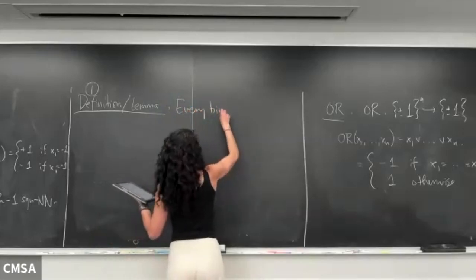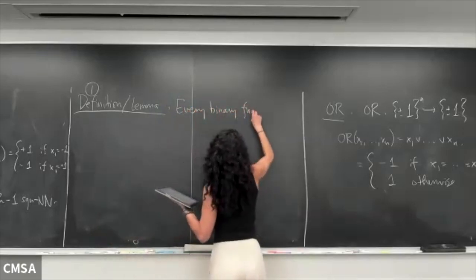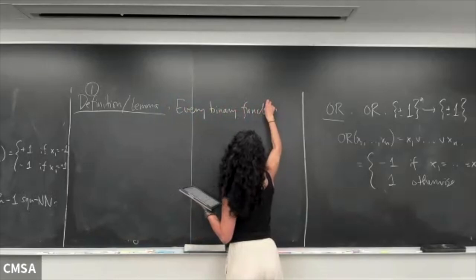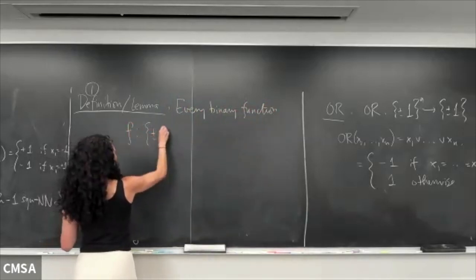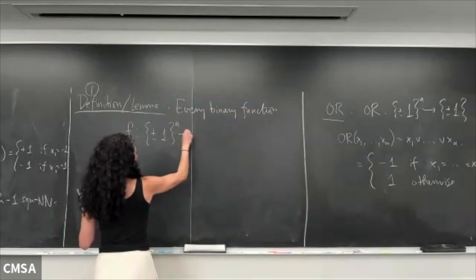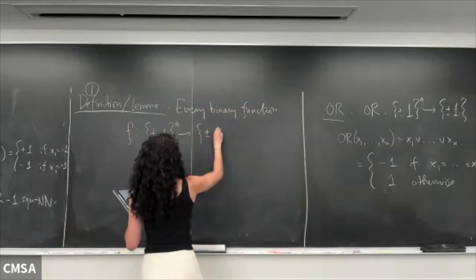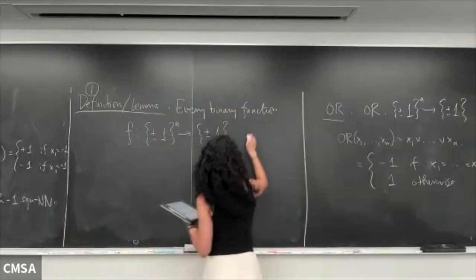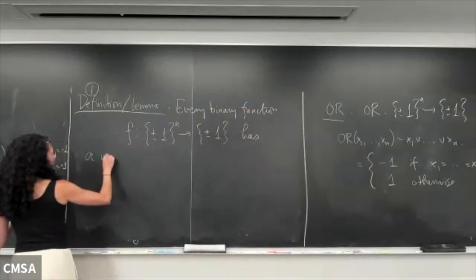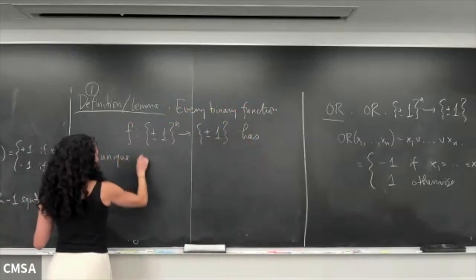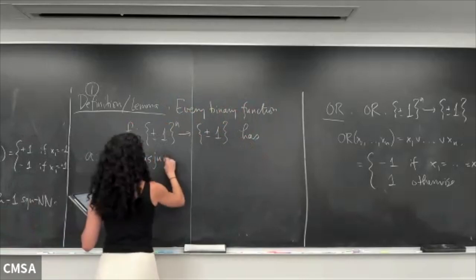So every binary function has a unique disjunctive normal form representation.